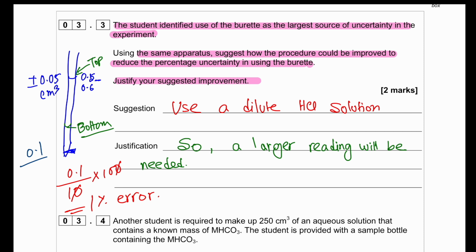It is introduced by us only. So if we are reading a volume of, for example, 40 cm3, then multiplying by 100 would give us 0.25% error. So as you can see, taking a bigger volume can decrease the percentage uncertainty of that particular reading.